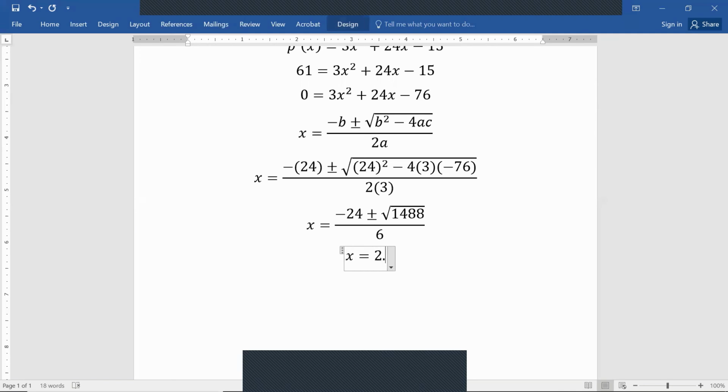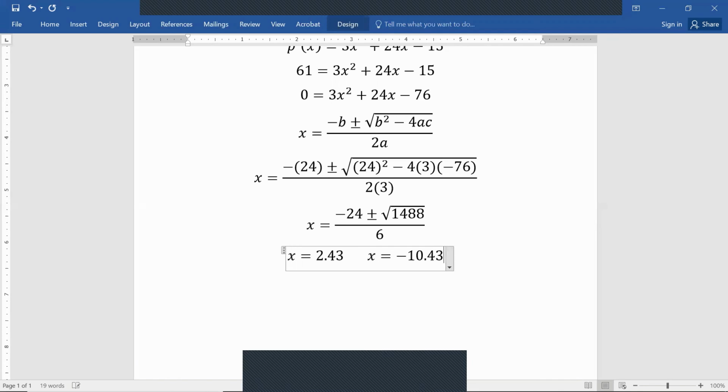One of my answers, the one when I use the add, is x is equal to 2.43 approximately. The other answer, when I use the minus, in other words, when I take negative 24 and I subtract the square root of 1488 and then divide that by 6, is negative 10.43.